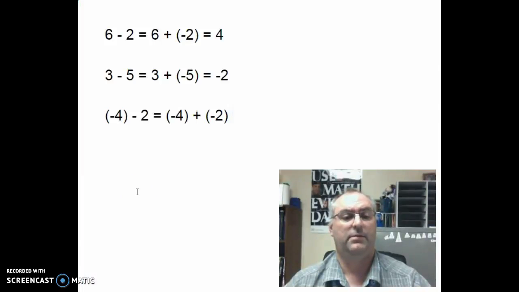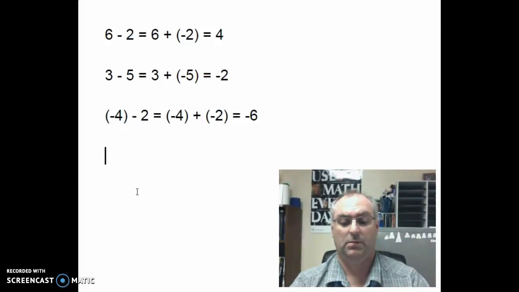So negative 4 minus 2 is the same thing as negative 4 plus negative 2, which does give me, by the rules of addition, same signs, find their sum, that's 6, and the larger absolute value is on the negative 4, so it's a negative 6. So negative 4 minus 2 is negative 6.